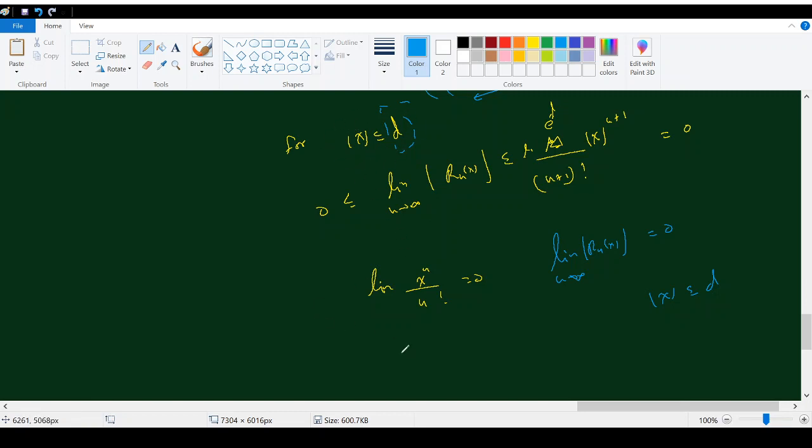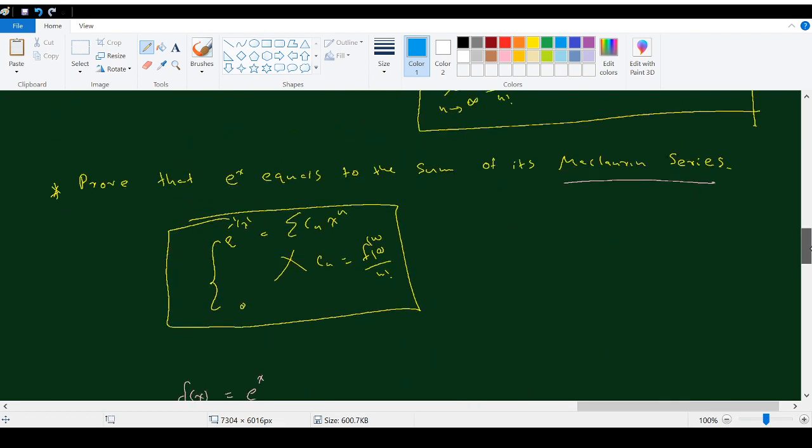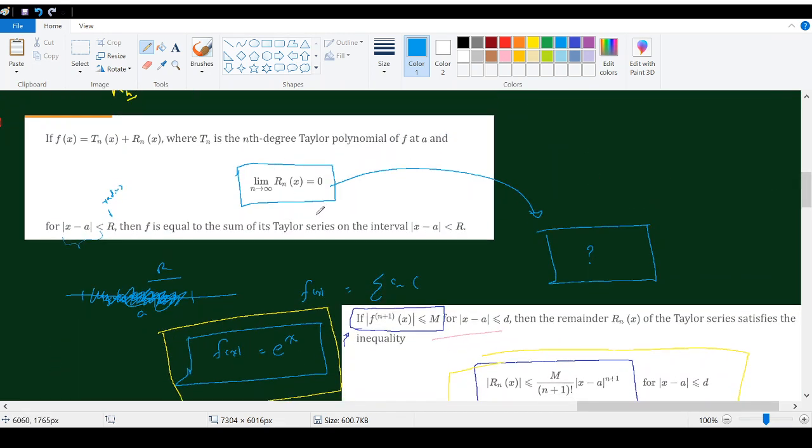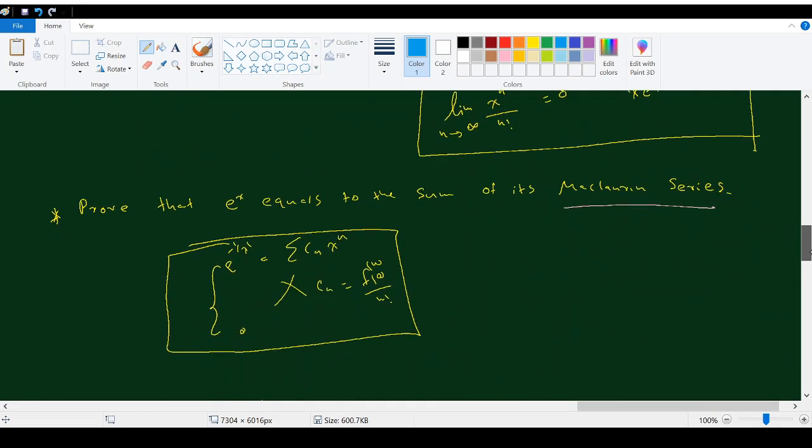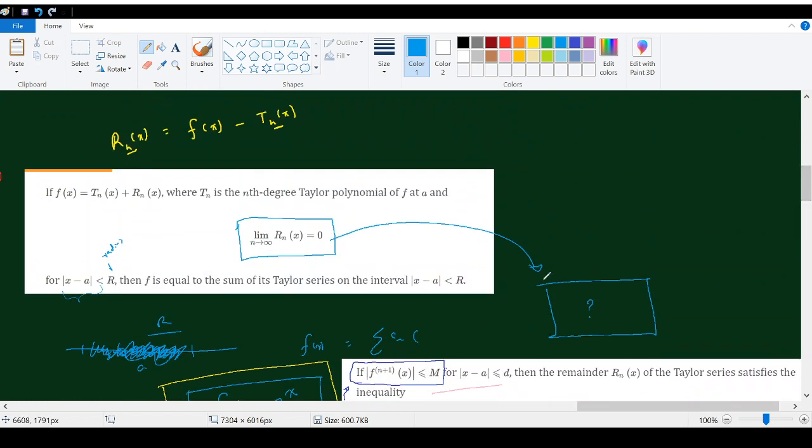That means for all the real numbers, this result will be true. Therefore, eventually, what we can say is, for any real number, you will have the remainder going to 0. And the remainder going to 0 means you will have a power series, or a Taylor series. And in this case, it's actually a Maclaurin series for the given function f(x).